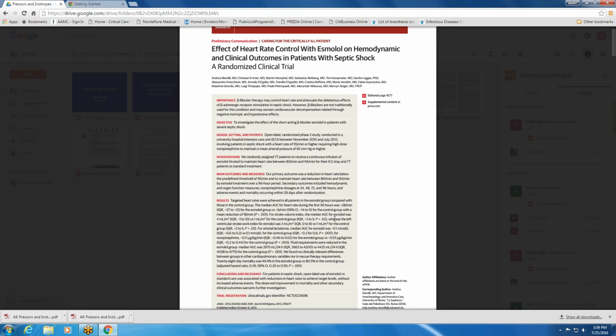They showed a mortality reduction from 80% in the control group to 50% in the beta blocker group.